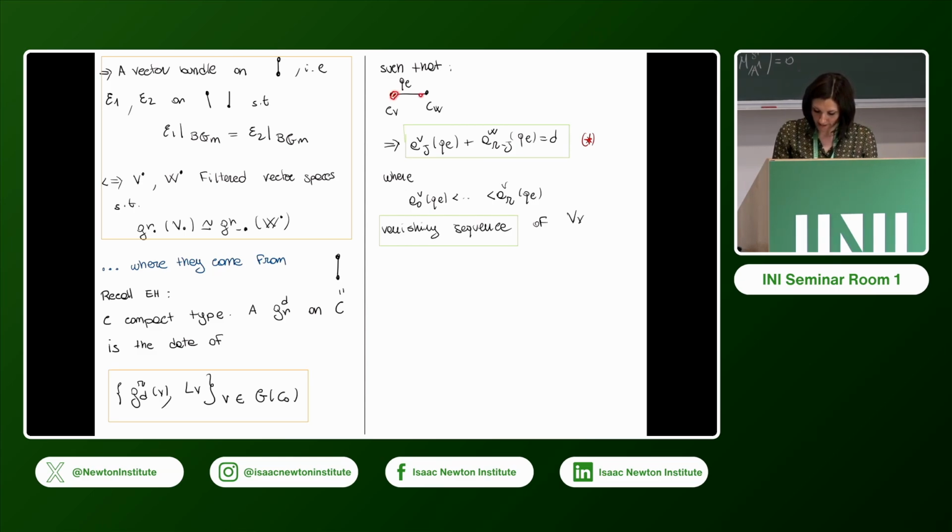If I have two components joined by a node, then the vanishing sequences of the two linear series at the node have to agree, so they have to sum to the degree d. This is actually what Eisenbud and Harris call a refined linear series. Usually, a linear series is called anything where the inequality is satisfied.